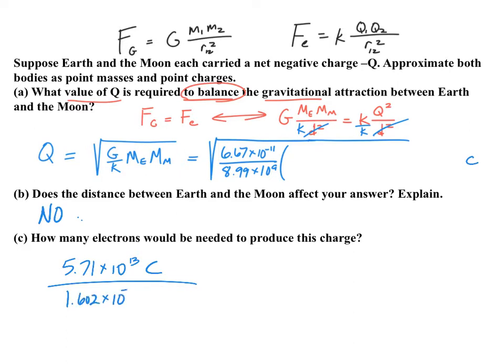So I divide it by this definition of 1.6 times 10 to the minus 19 coulombs per electron. That means the number of electrons pops up to the top, and you get 3.56 times 10 to the 33 electrons. Okay, really large power of 10, largest one so far today, I think.